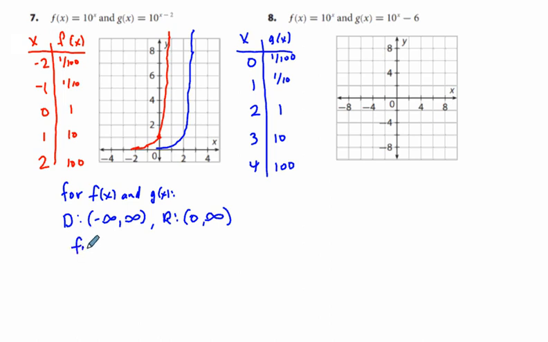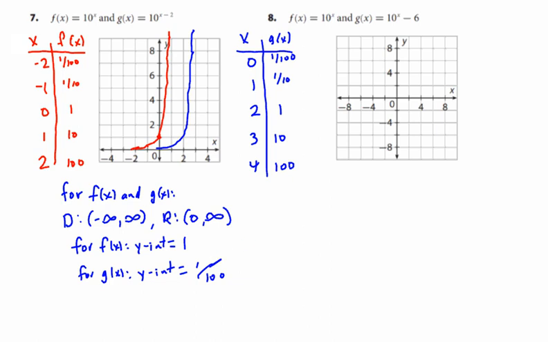For f of x, the y-intercept is equal to 1, and for g of x, the y-intercept equals 100. Again, the y-intercept is where x equals 0.